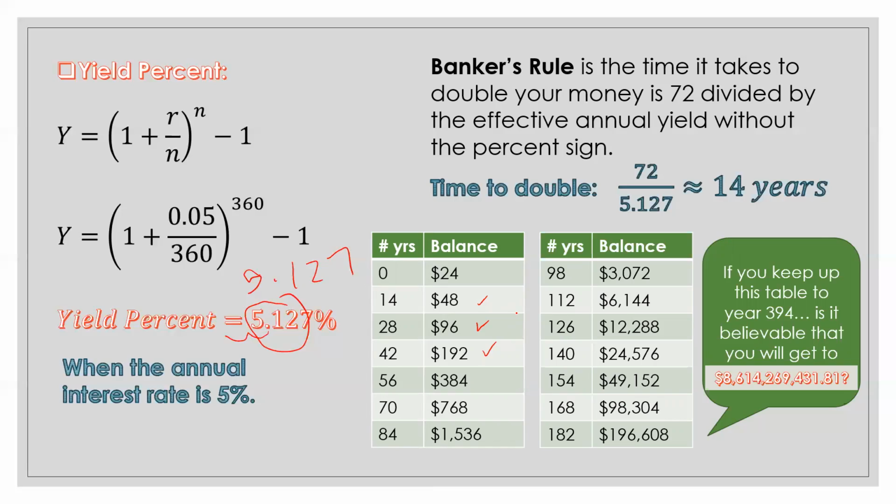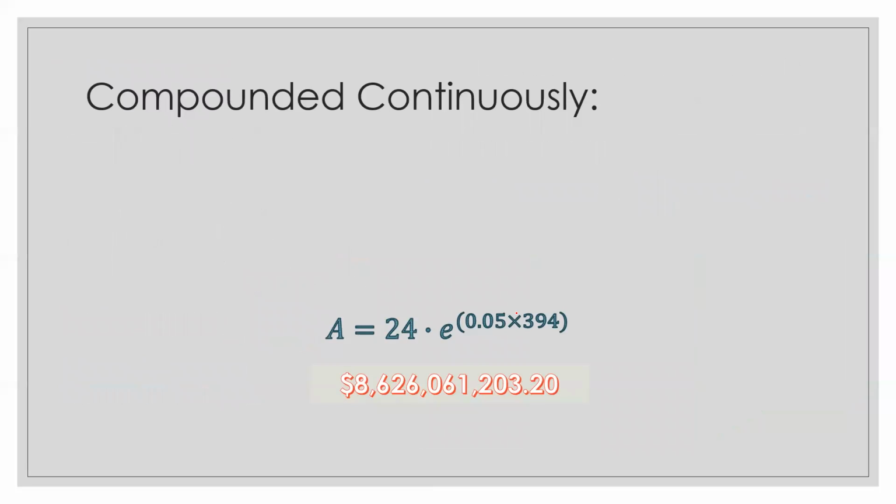Now, another thing we want to think about is continuous compounded interest. What does it mean to compound continuously? Well, you saw that compounded daily is 360. What if it's compounded hourly? That would be 12 times 360, and compounded by the minute, multiply that by 60.